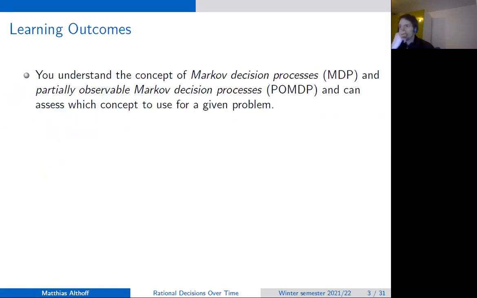The first thing is that we have two different types of Markov decision processes, the standard Markov decision process and also partially observable Markov decision processes, which can also handle the case that you're not able to know in which state you are. However, POMDPs, as they are abbreviated, are removed from this lecture.